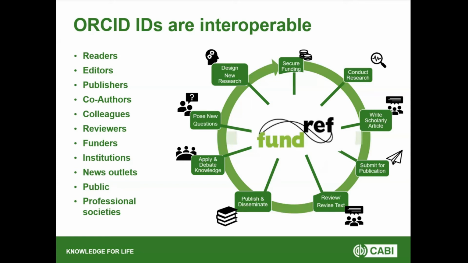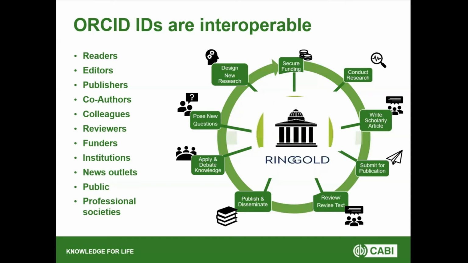Funders are having individual funding outputs linked through a persistent identifier. And institutions also have identifiers. So an individual piece of research may have multiple identifiers linked to it, and linking the individuals involved in that research back to their funding, their institutions, and their data.